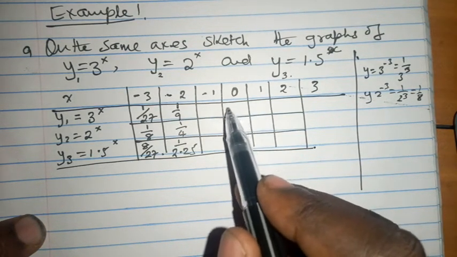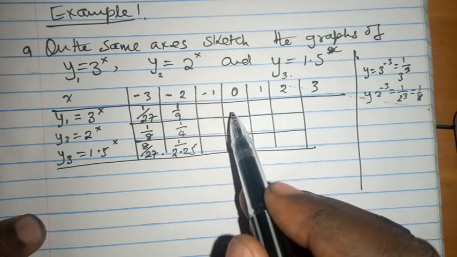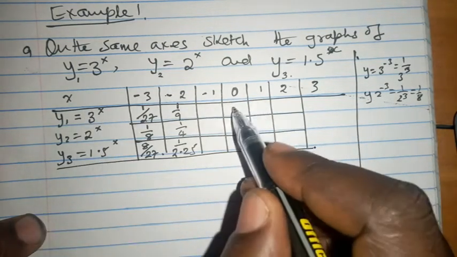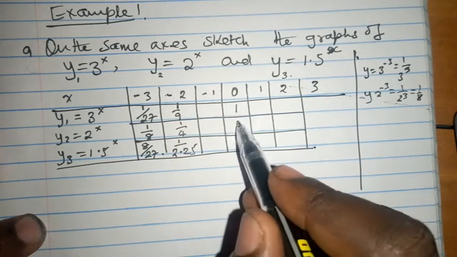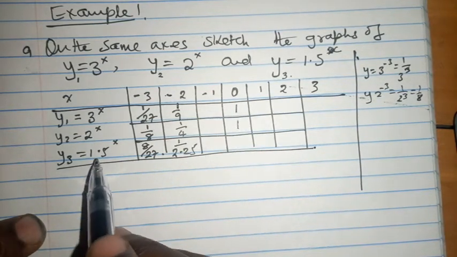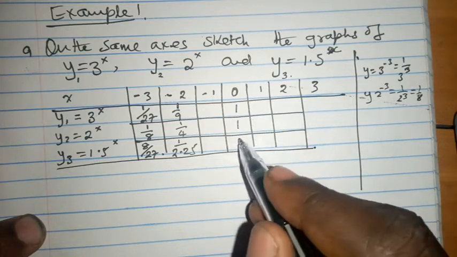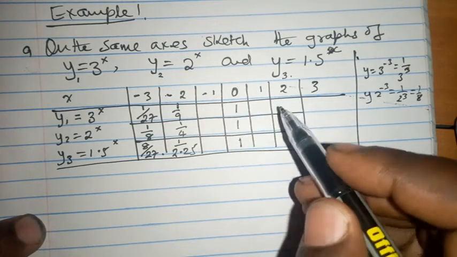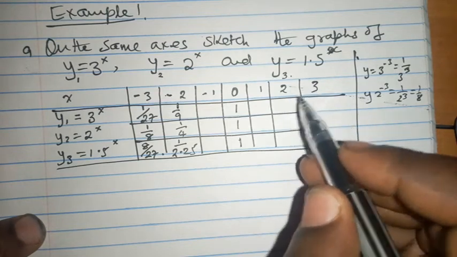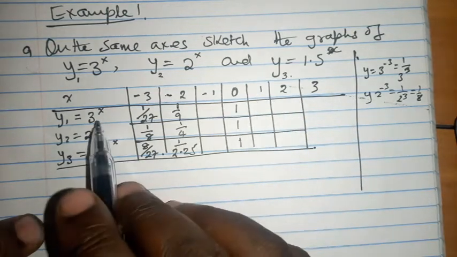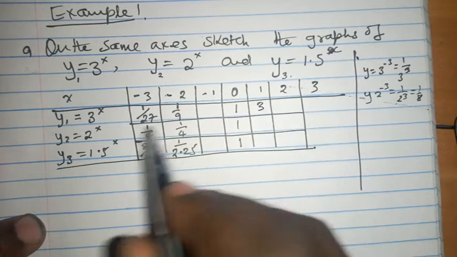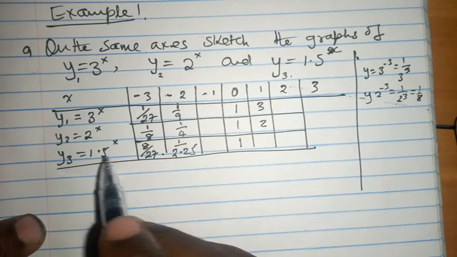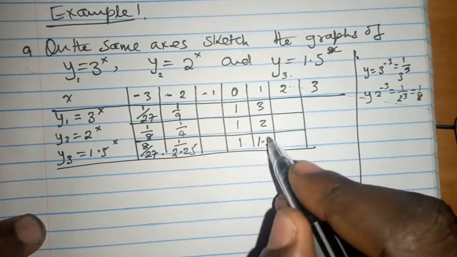But let us get to the next feature. When x is 0, 3 raised to power 0 is 1, 2 raised to power 0 is 1, and 1.5 raised to power 0 still remains 1. Let's go to when x is 1. 3 raised to power 1 is 3, 2 raised to power 1 is 2, and 1.5 raised to power 1 is simply 1.5.